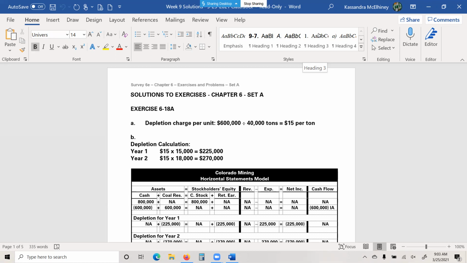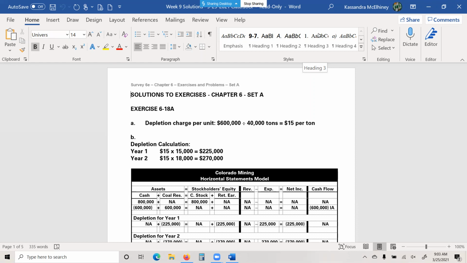The mine was purchased for $600,000, with an engineering estimate at about the time of the purchase that would determine approximately how many tons of coal we have to extract from the land.